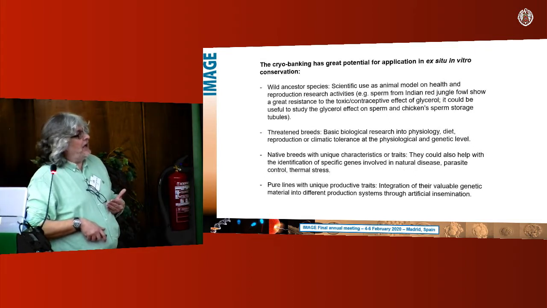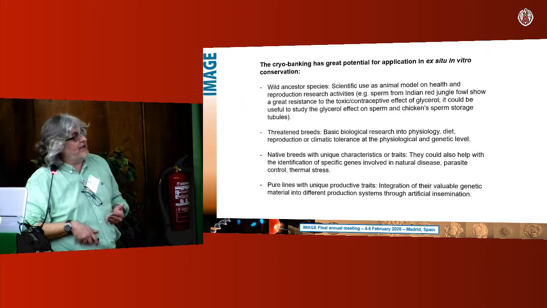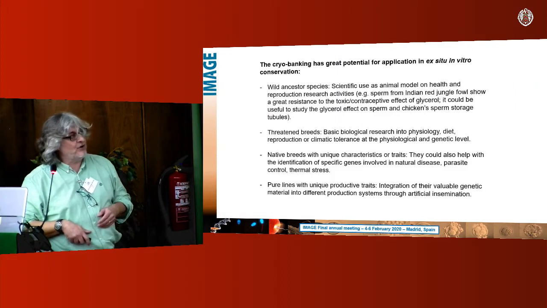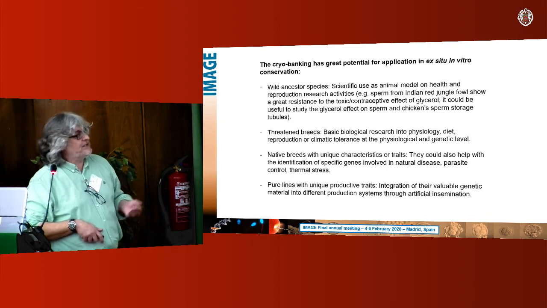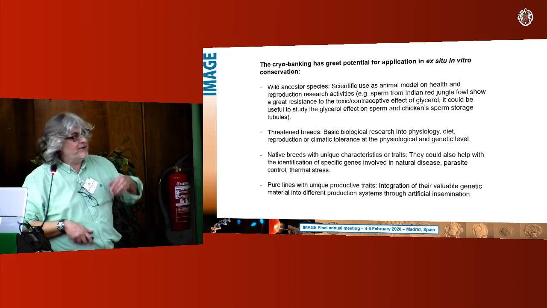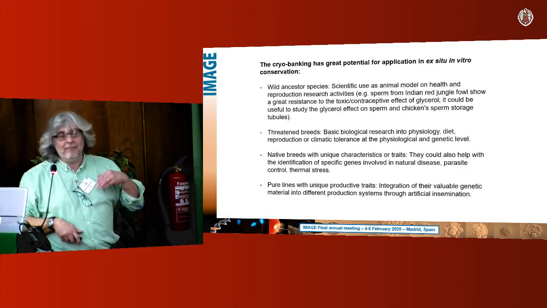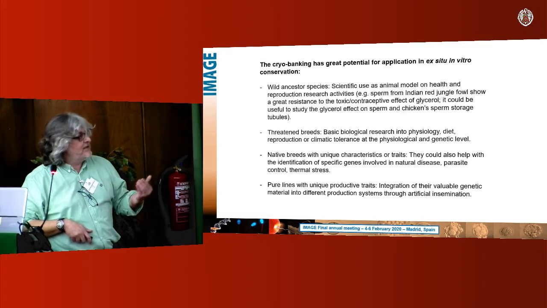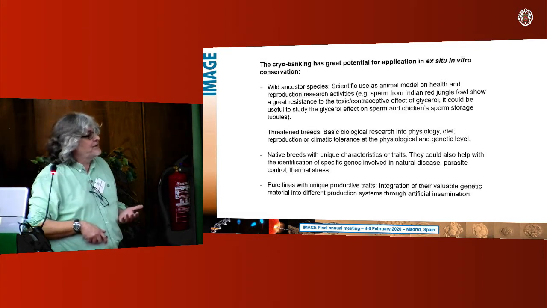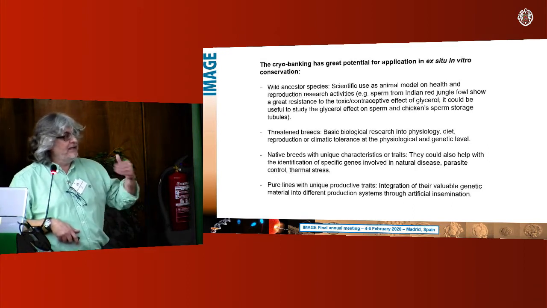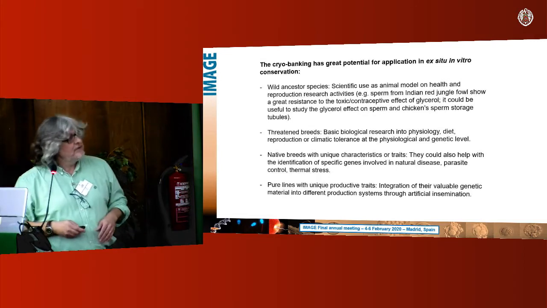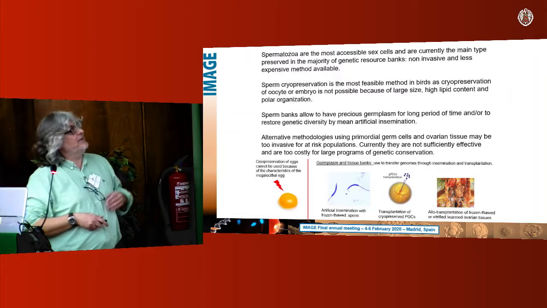Threatened breeds can be used for basic biological research into physiology, diet, reproduction, or climate tolerance at the physiological and genetic level. Native breeds with unique characteristics could also help with identification of sperm genes involved in natural disease, parasite control, and thermal stress. And of course, lines with unique production traits are very useful for integration of valuable genetic material into different production systems through artificial insemination.